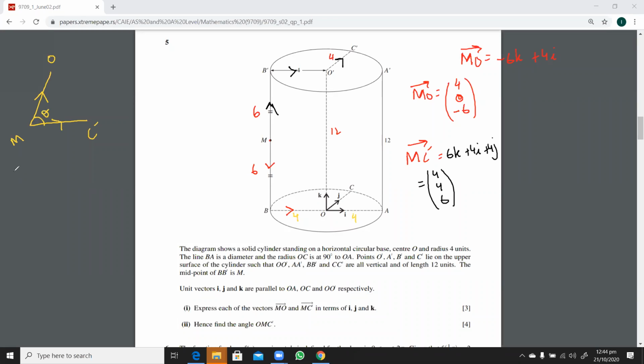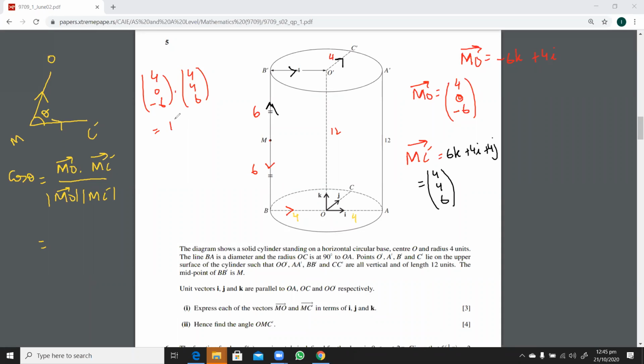Now, can I say cos theta is going to be MO dot MC dash over the magnitude of MO times the magnitude of MC dash? That is the formula for finding the angle between two vectors, okay? So MO is 4, 0, minus 6 and dot this 4, 4, 6.